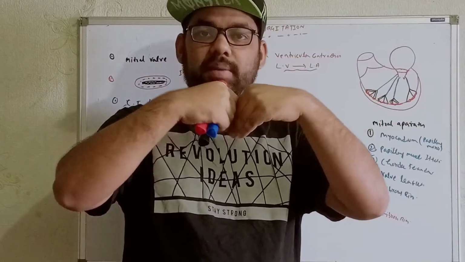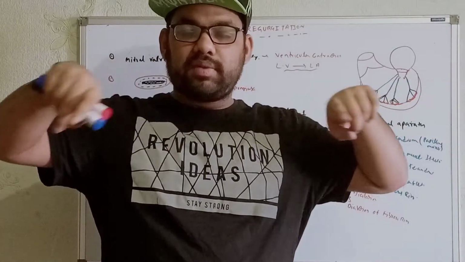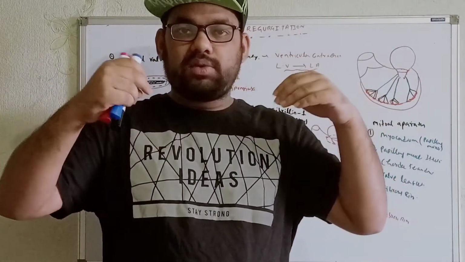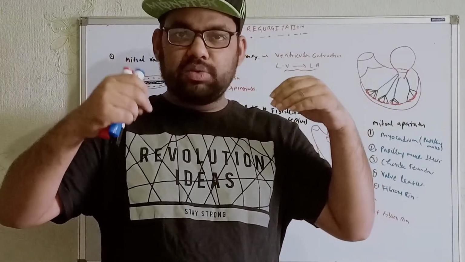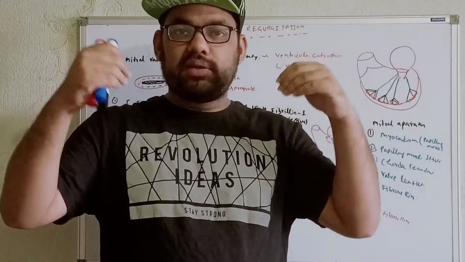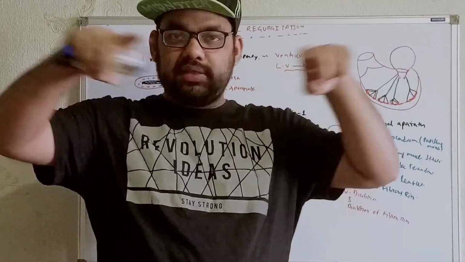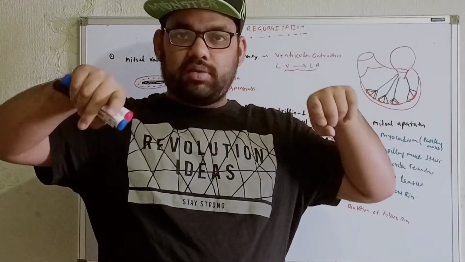But whenever we get a dilated fibrous ring, the volume of the fibrous ring increases. As a result, during ventricular contraction, whenever the mitral valve is supposed to be closed, the two valve leaflets will come towards each other, but they will not be able to touch each other because of the dilation of the fibrous ring.